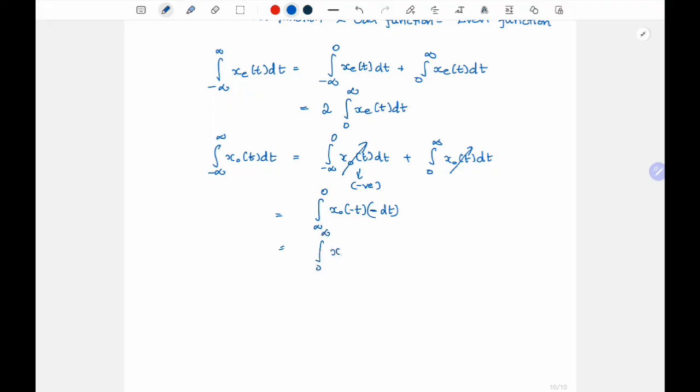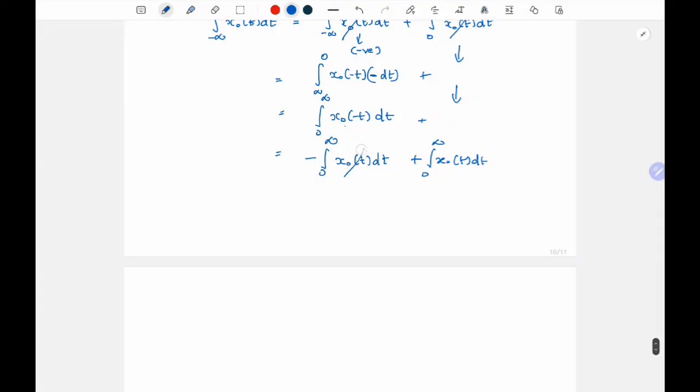And this will remain the same. But xo of minus t is nothing but minus xo of t. So this is minus the integral from 0 to infinity of xo of t dt plus the integral of xo of t dt from 0 to infinity. And if you see, these are going to get cancelled.